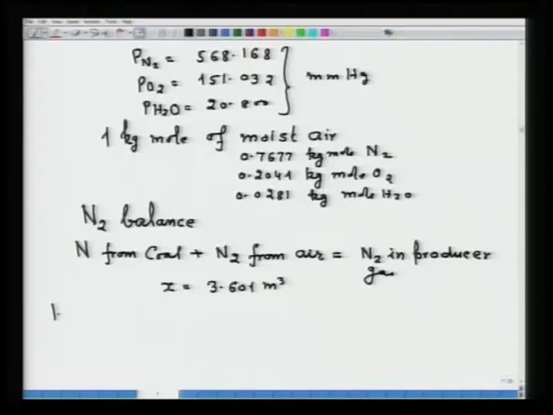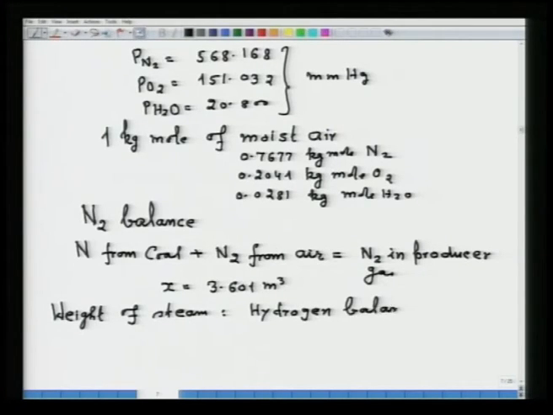Now, we have to find out the weight of steam, because that is not given in the problem. Sometimes it is given, sometimes it is not given. So, you have to find out the weight of steam, and for that you have to perform the hydrogen balance. Let us consider Z kg mole is the amount of steam.